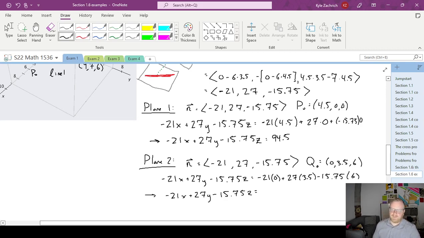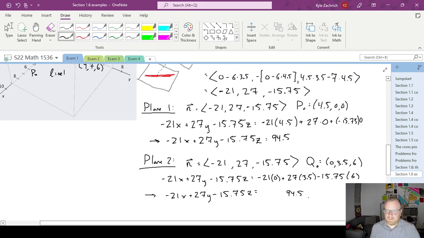Again, if you're in a race with somebody trying to figure this out, you can just take finding this d value. You don't have to rewrite this every time, but I do want to show you where in the equation this is coming from. Okay, so this is 0. Let's see, 27 times 3.5 is 94.5. I think I knew that. Is that right? 21 times 4.5 is the same as 27.